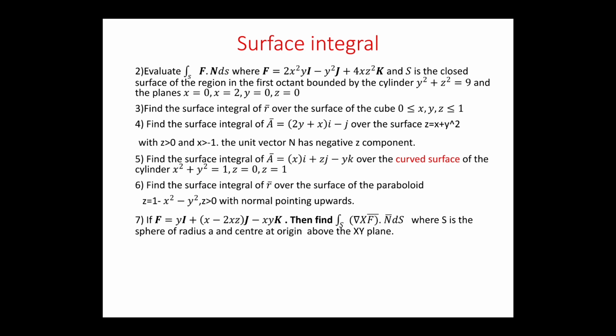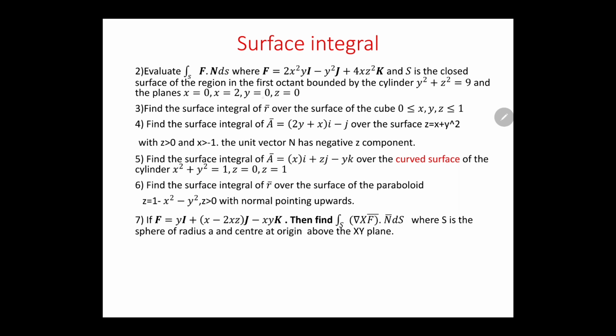Now let us solve these examples. The first one: evaluate the integral of f bar dot n bar ds, where f bar is 2x square y minus y square plus 4xz square.